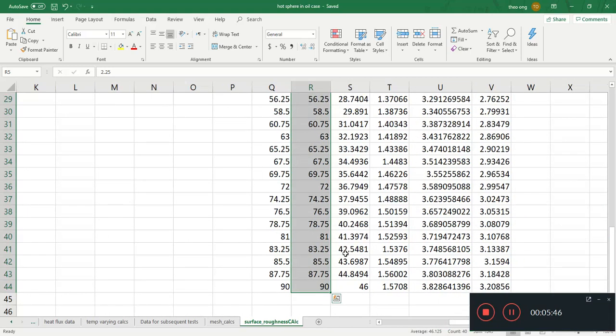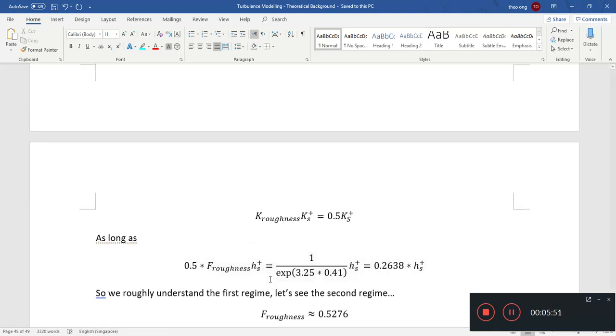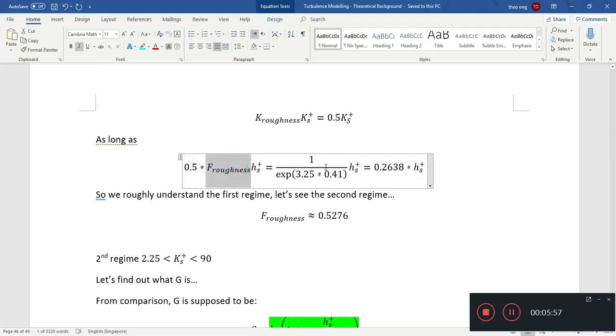Above that, the problem is relatively trivial; we just have 0.5 times F roughness equal to this constant. I didn't do the calculation, but if you want to see the value of F roughness, it is 0.2638 divided by 0.5, so F roughness is about 0.5276.